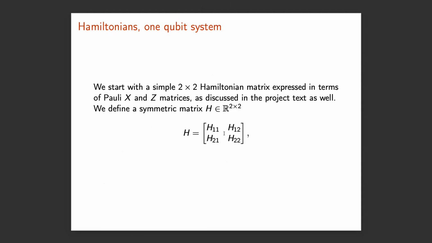So since the solution is going to be a linear combination of 0 and 1, what I'm doing here is to anticipate an algorithm which is called the variational quantum eigensolver. So I'm going to make an ansatz where I now rotate my initial qubit 0, which is the way I prepare the system, into a linear combination.